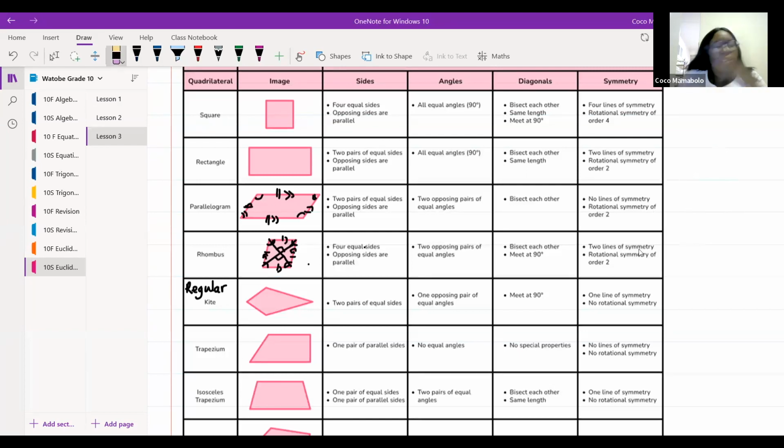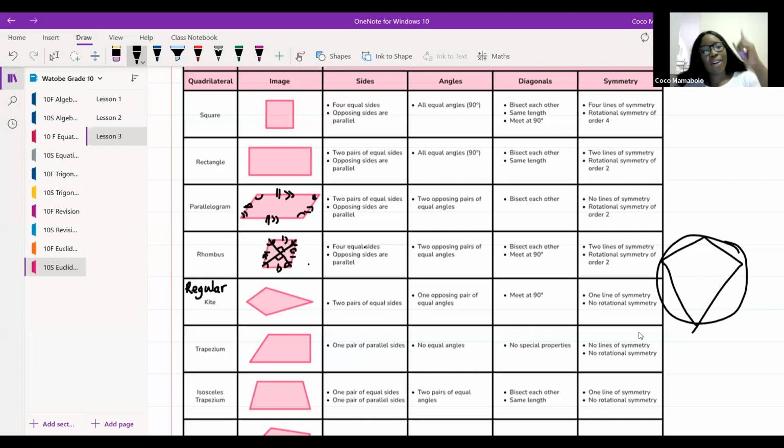Now, for posterity's sake, not everyone is pedantic and OCD like Teacher Coco, so they're not going to tell you that it's a regular kite. They're most likely just going to say a kite. But in that instance, you cannot assume that every shape that looks like a kite is a regular kite. Because you're going to get to grade 11 and somebody's going to draw a shape, and you're going to be like, oh, I know that shape.